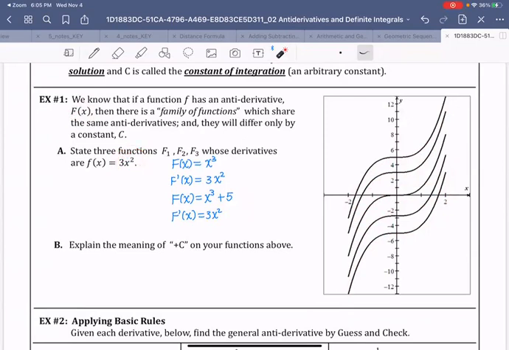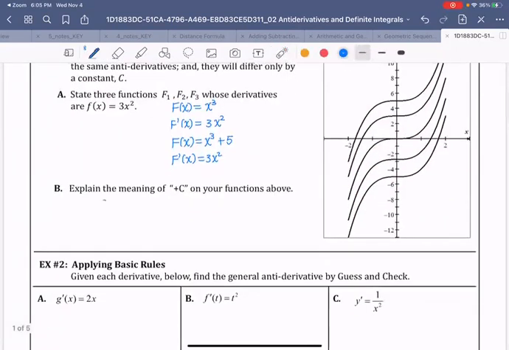If they ask you to explain the meaning of capital C, you just say that it's a constant term in Fx, because the derivative of a constant value is 0. Make sense?